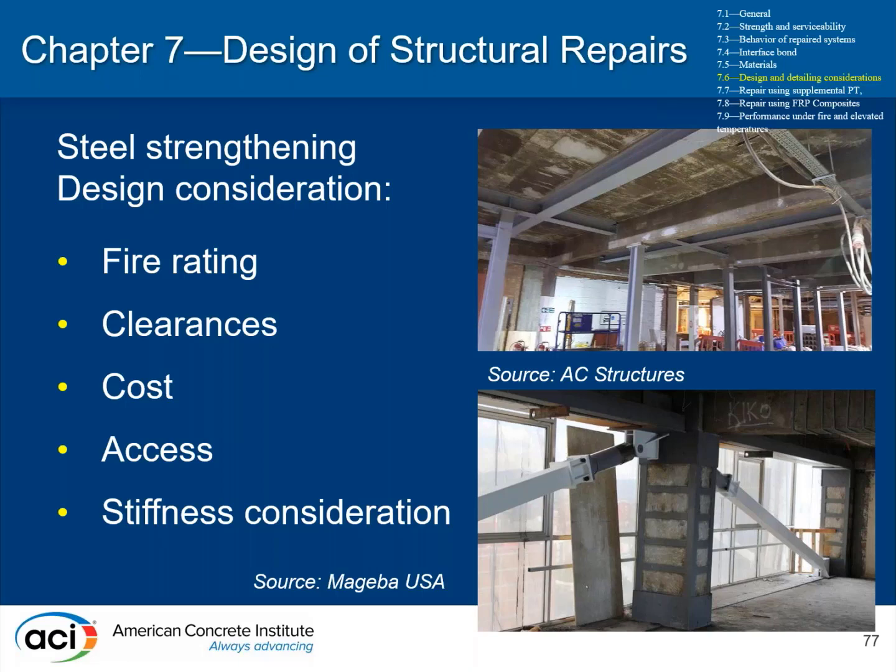Sometimes you might need to increase the size of the steel member to create an equivalent stiffness to a concrete member that is either replaced or was needed. So consider the stiffness and flexibility of the members that are being installed, because that can impact the structure or the portions thereof that are left in place and that are being supported by the new members.